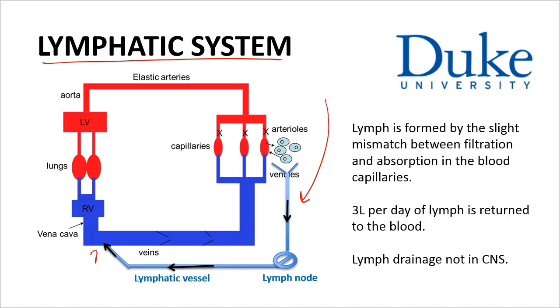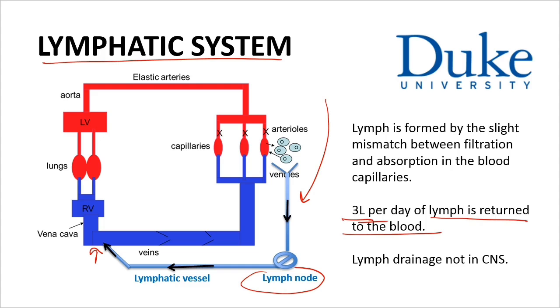It returns it on the venal side, near the vena cava, back into the circulatory system. En route, it'll go through one or more filters, and these filters are called lymph nodes. On a given day, you can have as much as 3 liters of lymph returned to the blood.